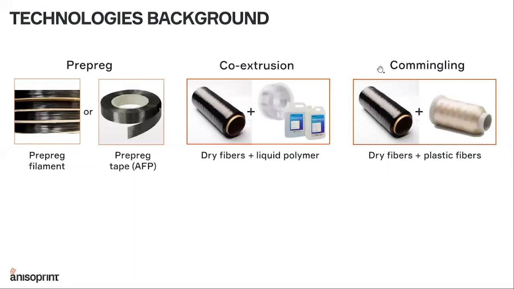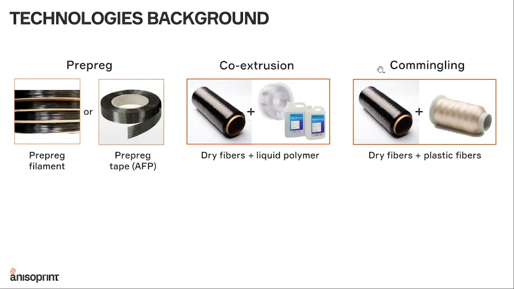So basically, as I said in the beginning, composite material is born when reinforcing material or fibers are mixed with a matrix or polymer material, and at this moment, with a given ratio between fiber and matrix, with a given fiber and matrix material, the material itself is born.